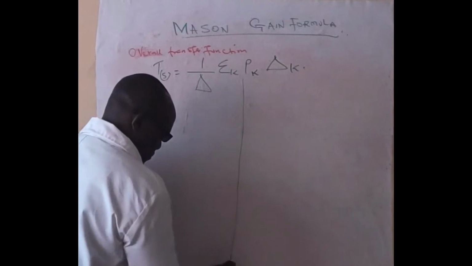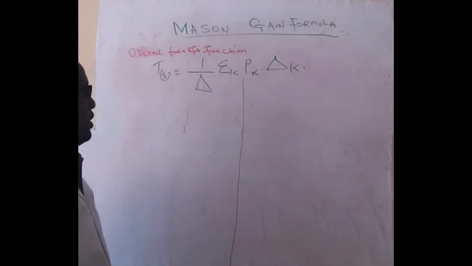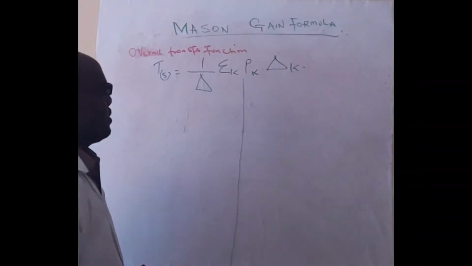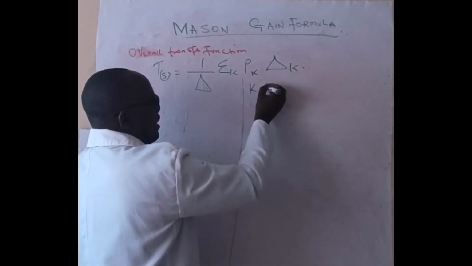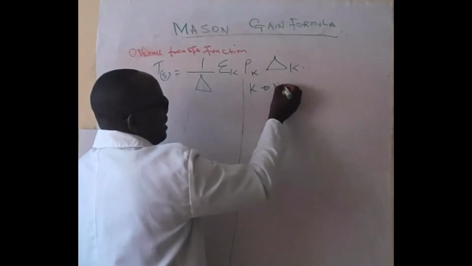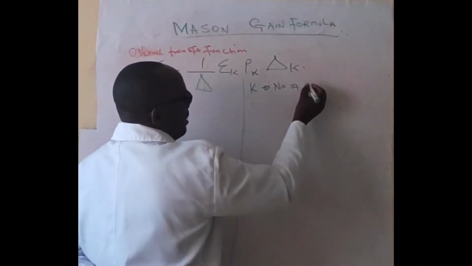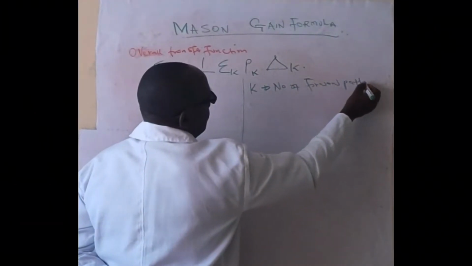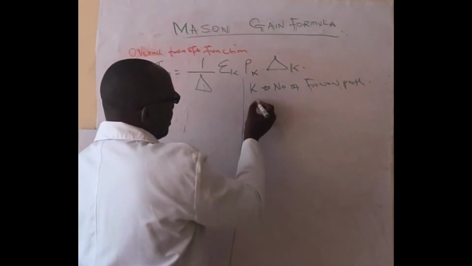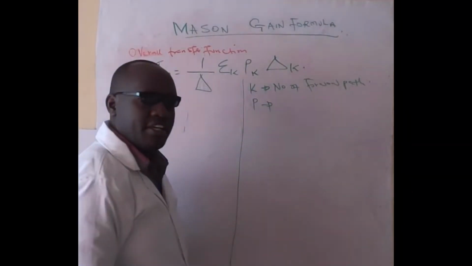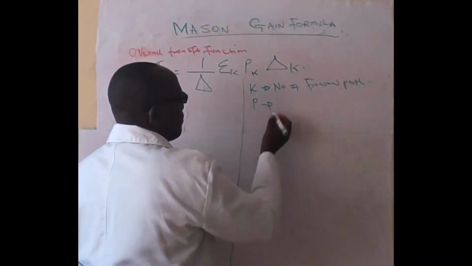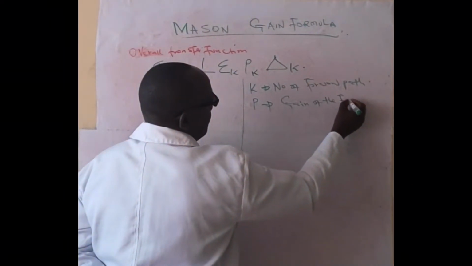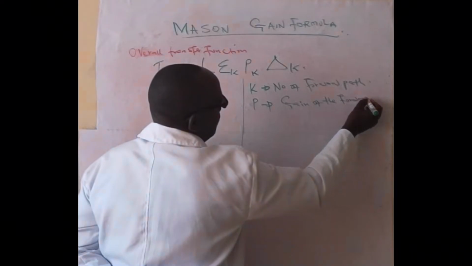So here we want to see what these terms are all about. So k gives us the number of the forward paths. P is the gain of the forward path.